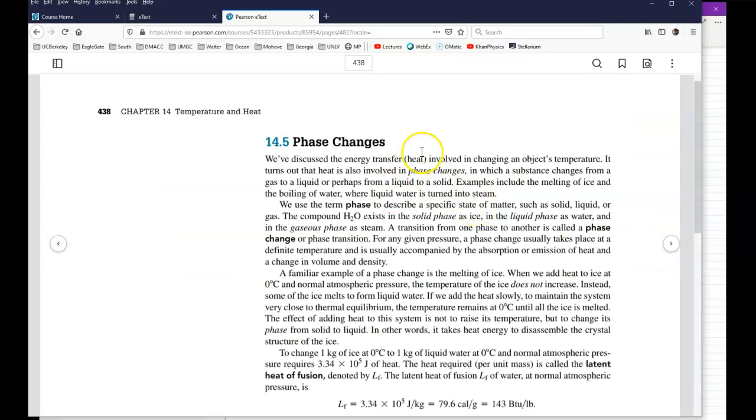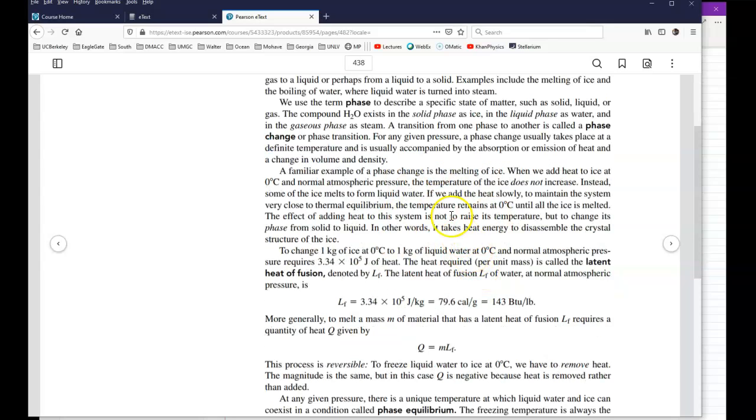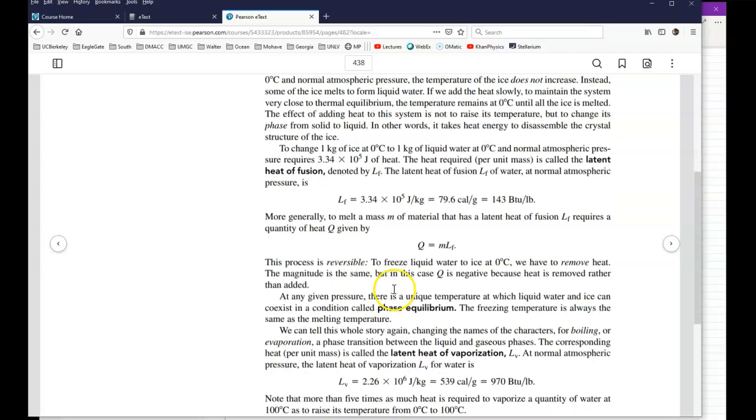It talks about different phases of matter, and this is really important stuff, especially what is L. I'm going to talk about L sub F and L sub V right here. He gives you a lot of details about those. We're going to be dealing with them in a minute. Okay, what is called the latent heat of fusion and the latent heat of vaporization.